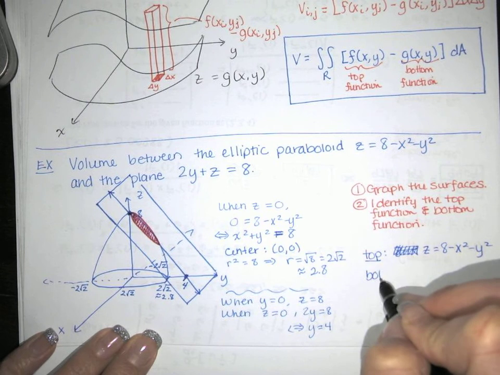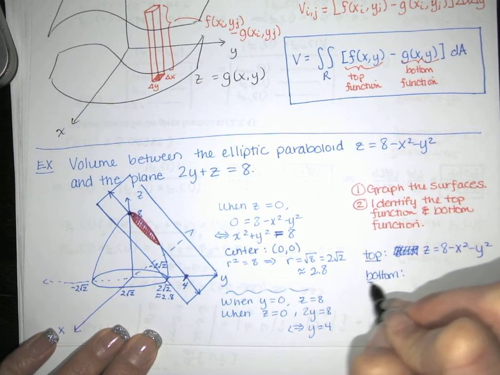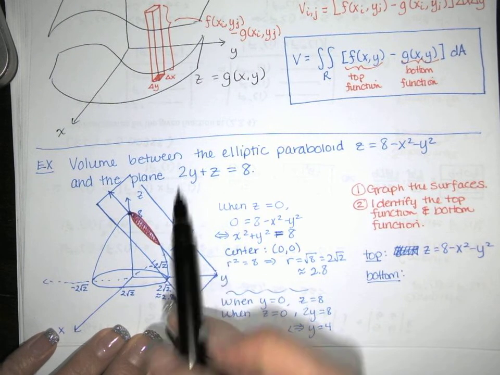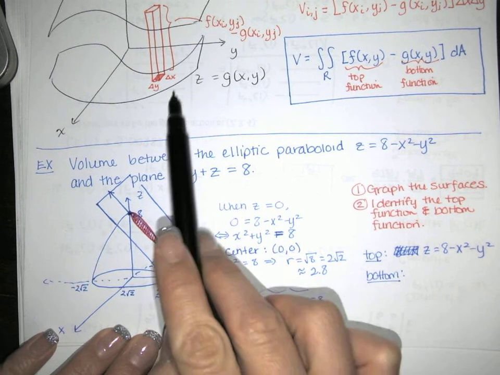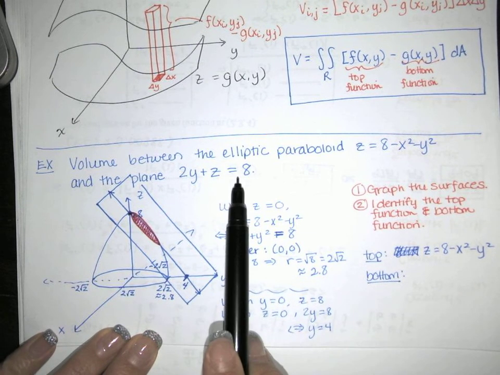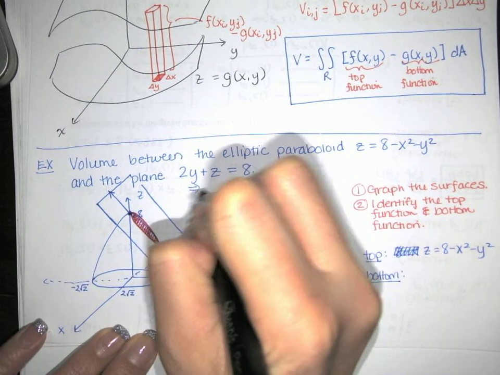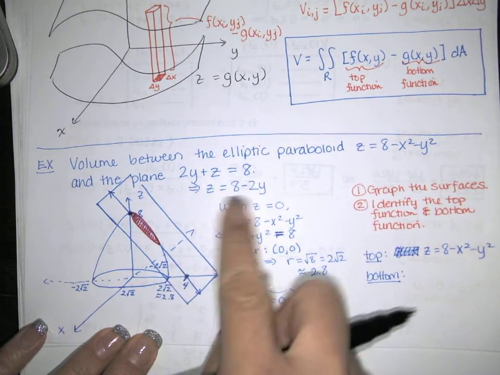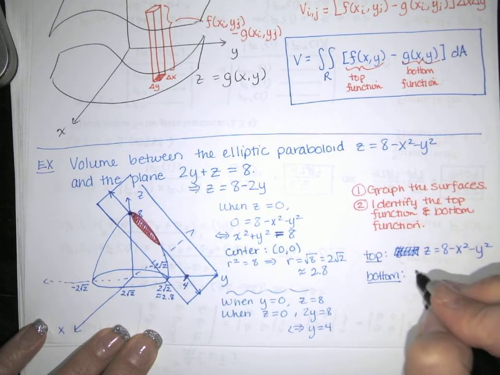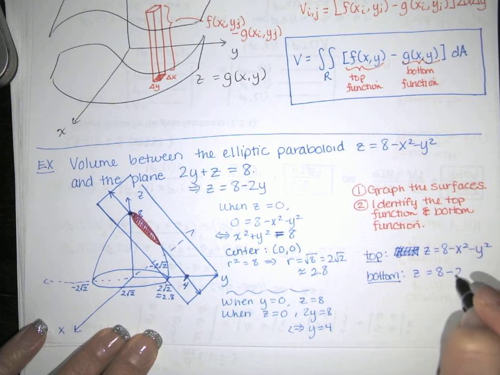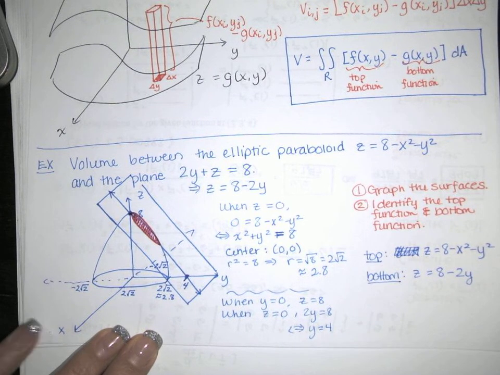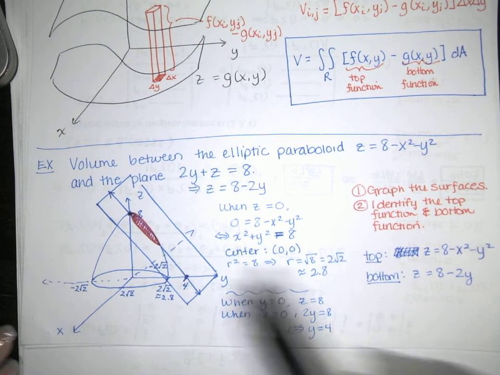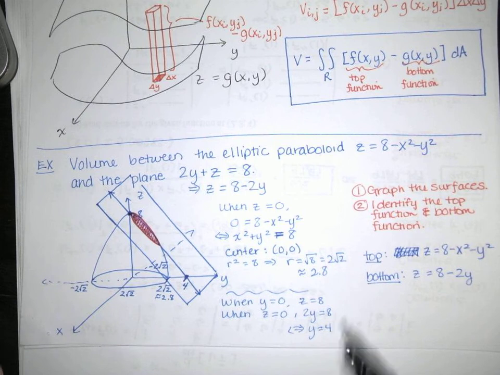And then the bottom function is the plane, but the way the plane is written right now, we don't have z by itself, so we have to solve this for z. We get z equals 8 minus 2y when we subtract 2y from both sides. Okay, so we've graphed the surfaces, we identified the top function and the bottom function.